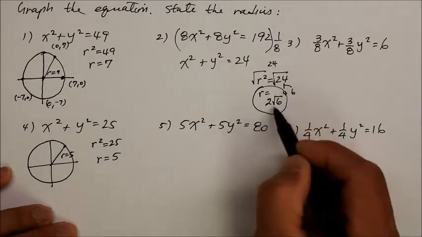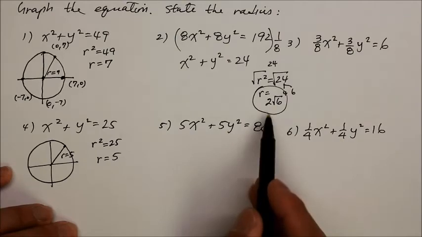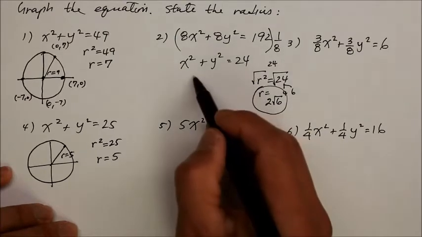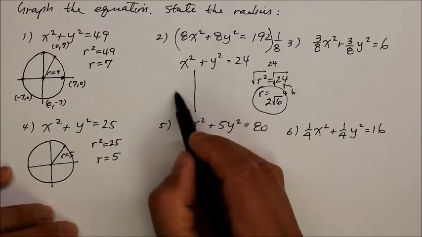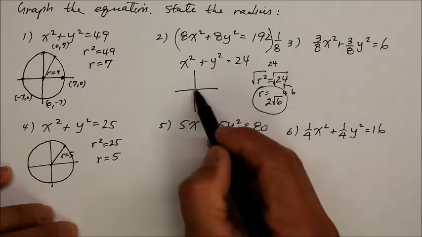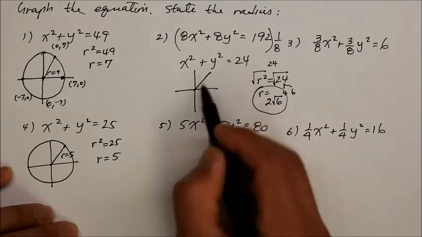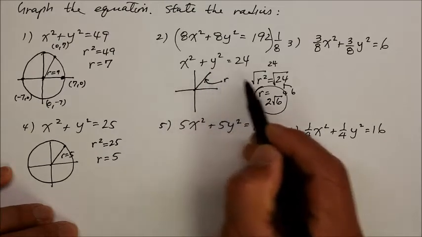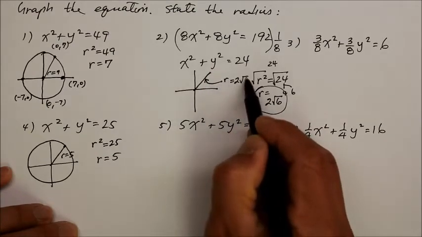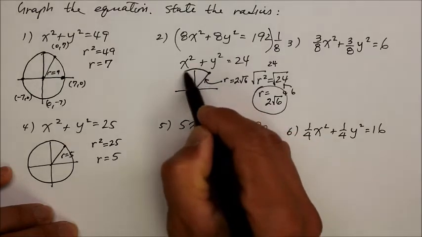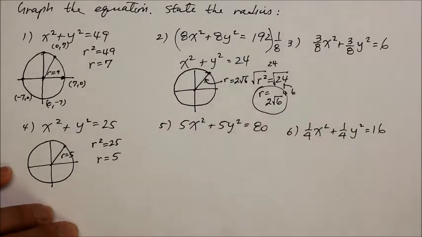So the radius is 2 square root of 6. Now if you're saying, how do you indicate that? No sweat. Check this out. From the center, the origin, to the point of a circumference of a circle, that radius is 2 square root of 6. And that is all you need to do.